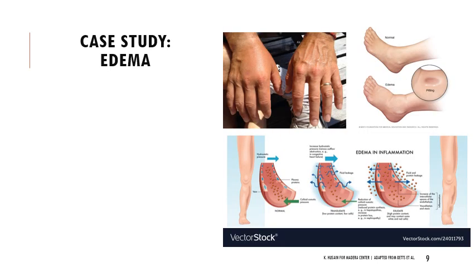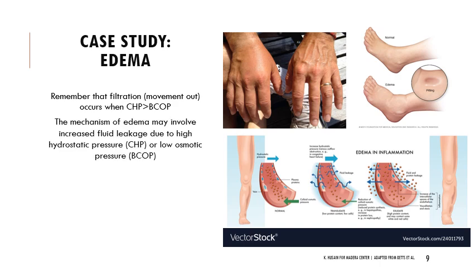So one example of this happens in edema. Remember, filtration, movement outward, occurs when CHP is higher than BCOP, but one mechanism of edema is when you have high fluid leakage for one of two reasons, or maybe a combination of both. If you have a situation where you have very high hydrostatic pressure, that's going to make it higher than BCOP.